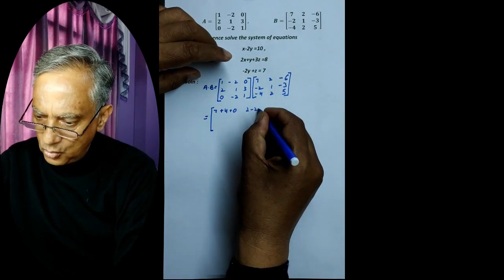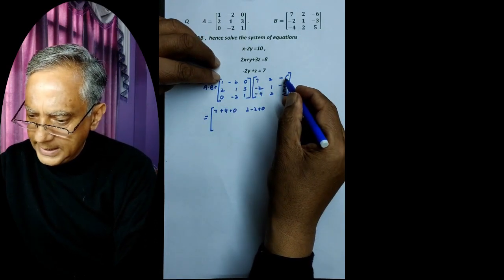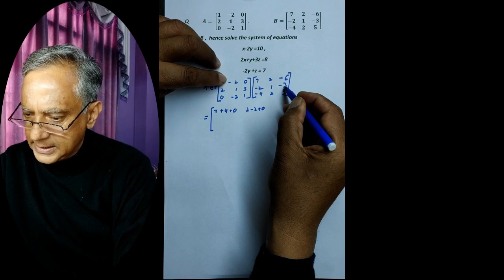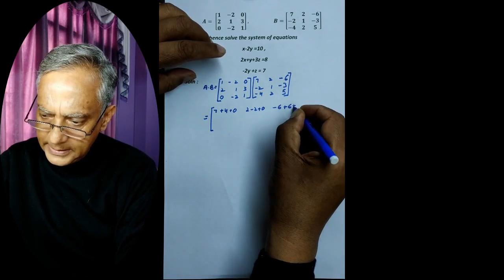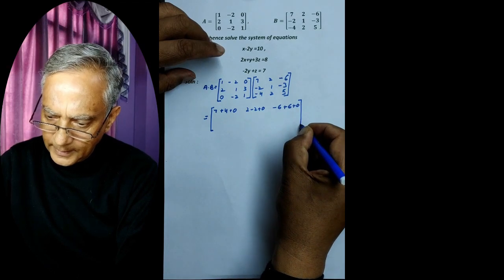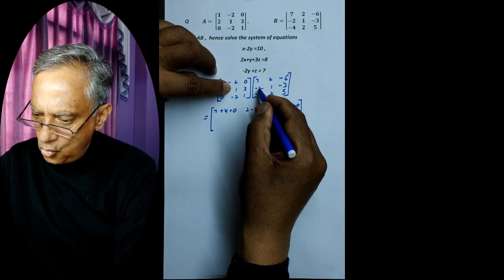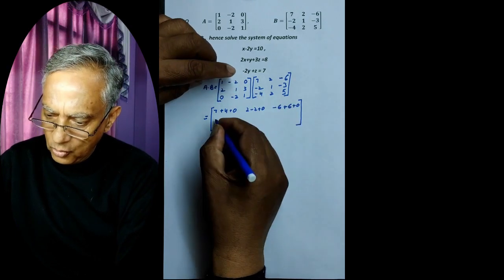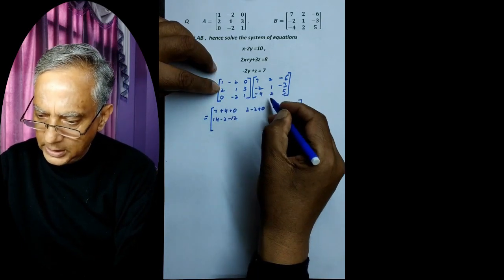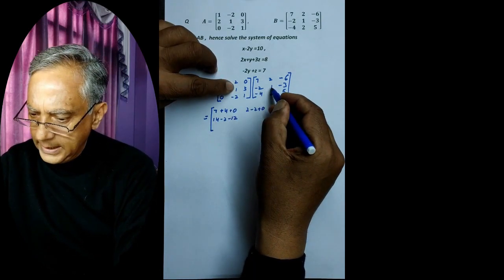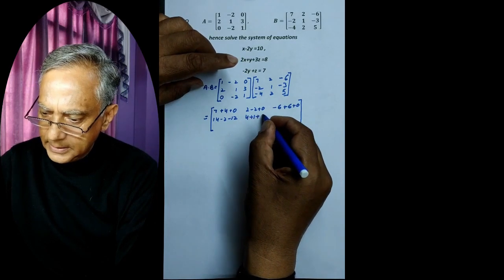Then minus 6 plus 6 and 0. Next is 14 minus 2 minus 12. Then 4 plus 1 plus 6.